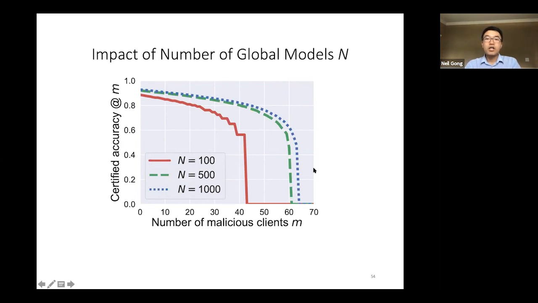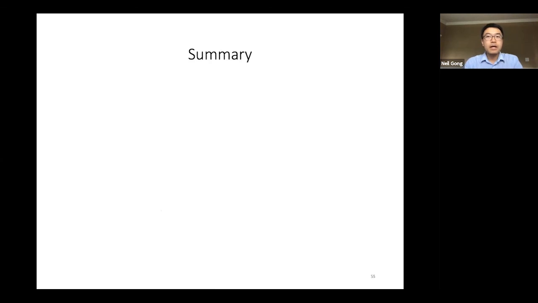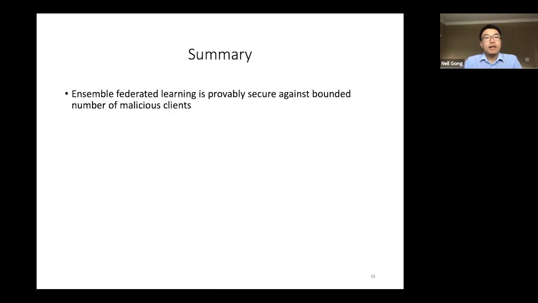However, when we further increase N to 1,000, which corresponds to this curve, the certified accuracy increases marginally. So these results show that a moderate number of global models is enough for our method to achieve good certified accuracy. To summarize, ensemble federated learning is provably secure against a bounded number of malicious clients.